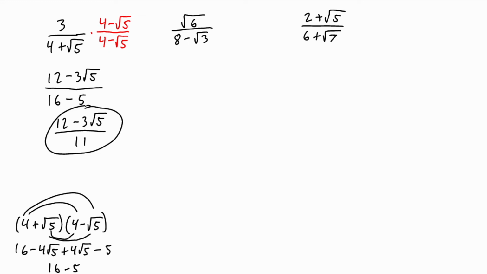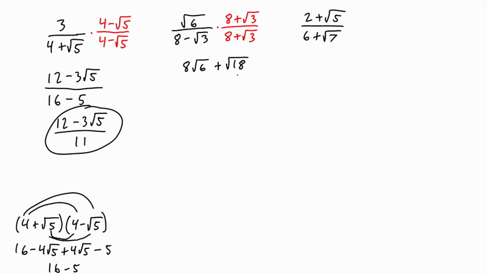For the second one, we do the same thing. So in this case, it's 8 minus the square root of 3, so we're going to multiply by 8 plus the square root of 3 on top and bottom. So distributive property again, square root of 6 times 8 is 8 square root of 6, and square root of 6 times the square root of 3 is the square root of 18.